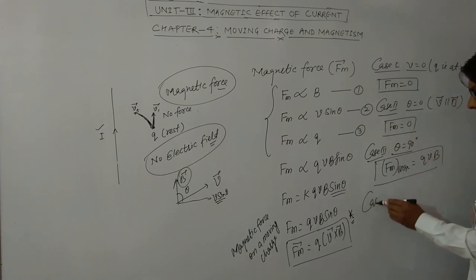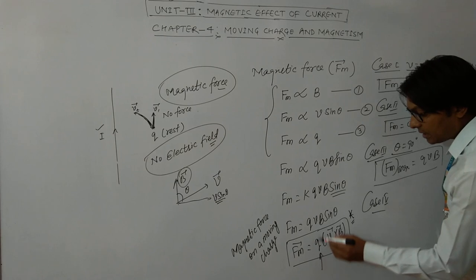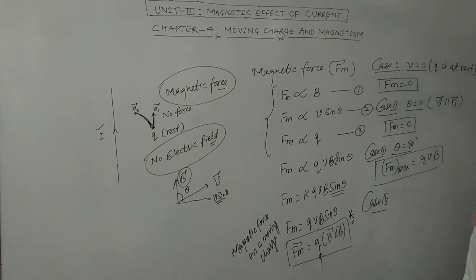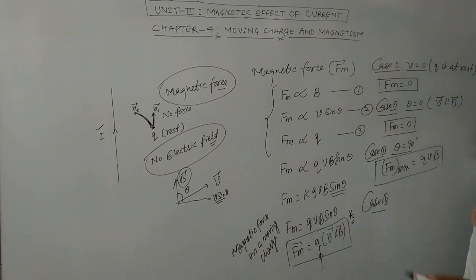And the last case, case fourth, we can discuss is that if there is no charge, if a neutral particle is moving, then definitely there will be no force on the neutral particle. On a neutral or chargeless particle like a neutron, the electric force is also 0.